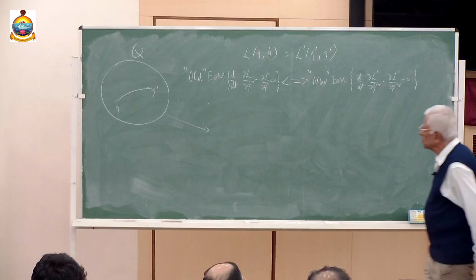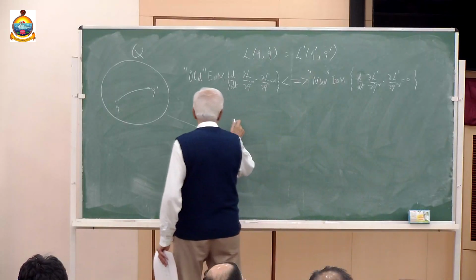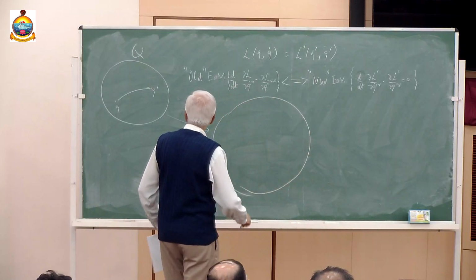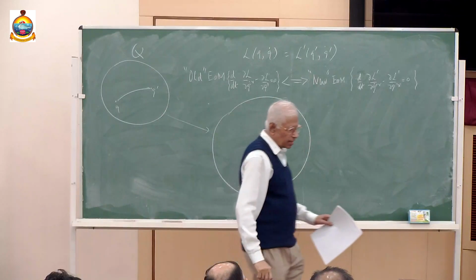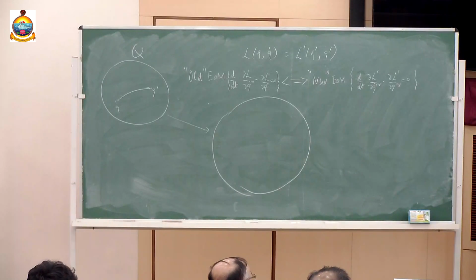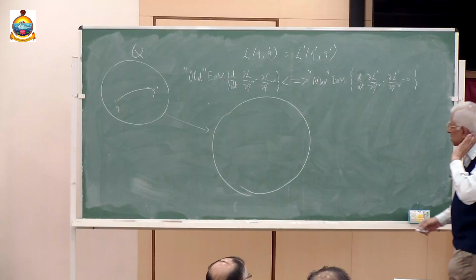So naturally I should draw it a little bigger. The phase space corresponding to Q, I don't know what the older notation was. It was called gamma, I suppose, capital gamma, which is the notation used in statistical mechanics.